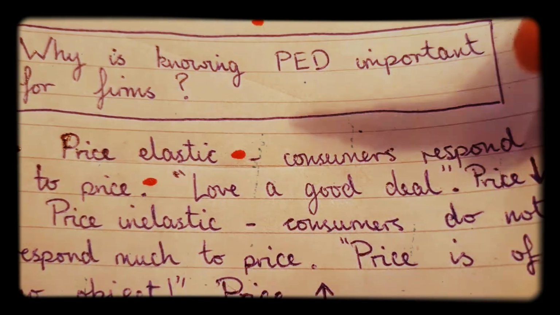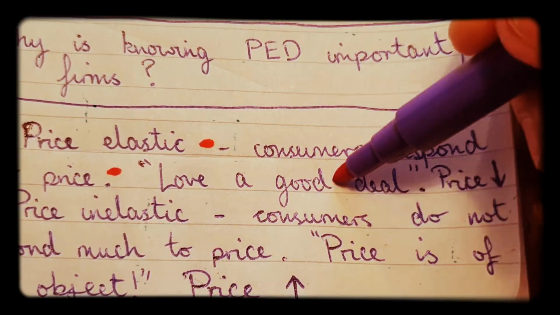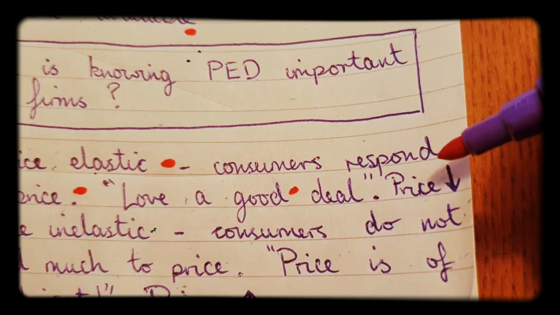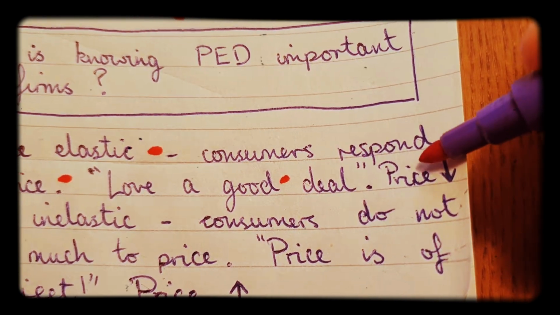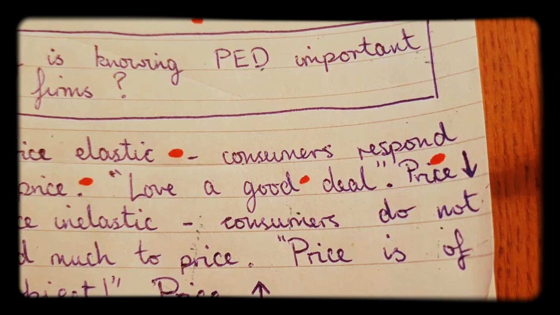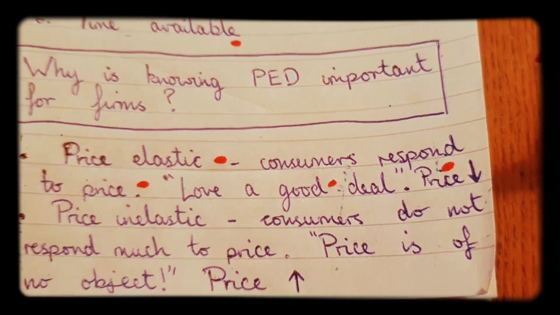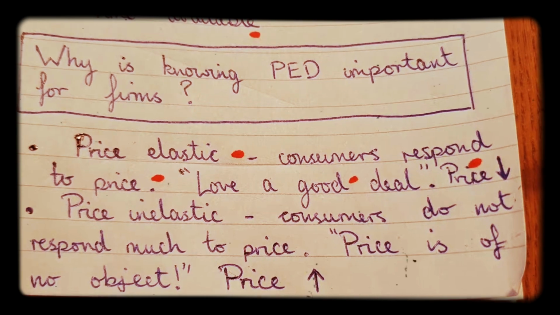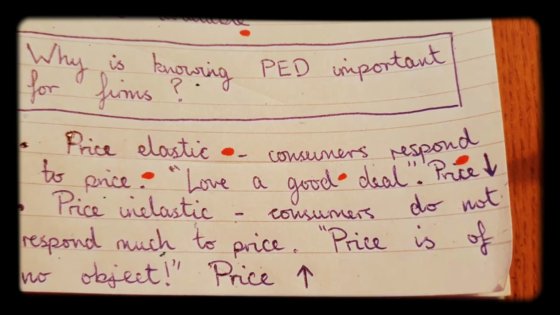They love a good deal. In this case, the firm, knowing this, is likely to put the price down, because putting the price down is going to create a massive amount of demand in response, and that's going to increase their sales and market share and maybe profits as well.